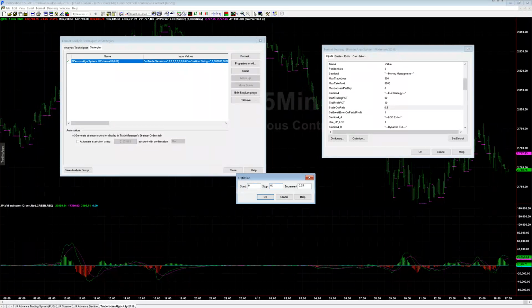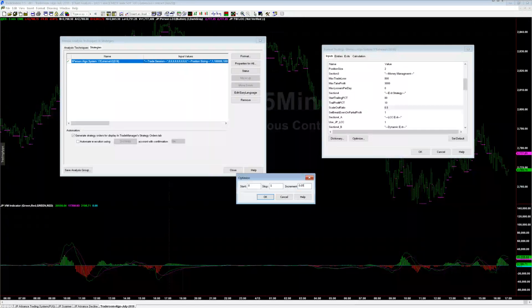So the difference between 0 and 1 is 0 is false. Get me out at the profit target. 1 is true. Keep it trailing and let the trailing stop function override that profit target. Don't get me out at the profit target.